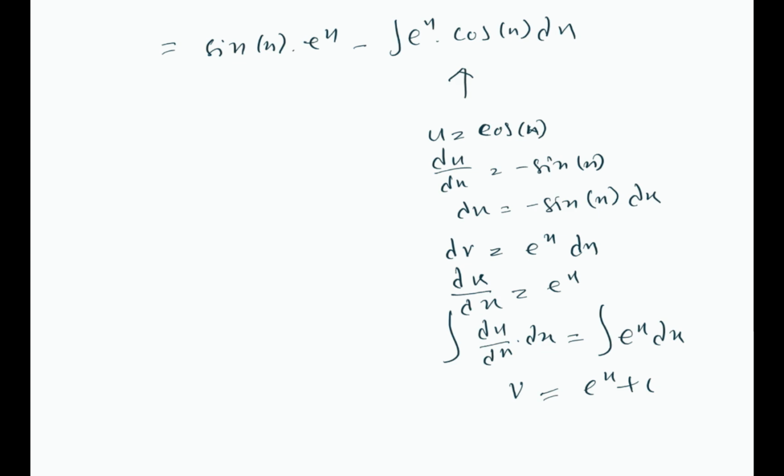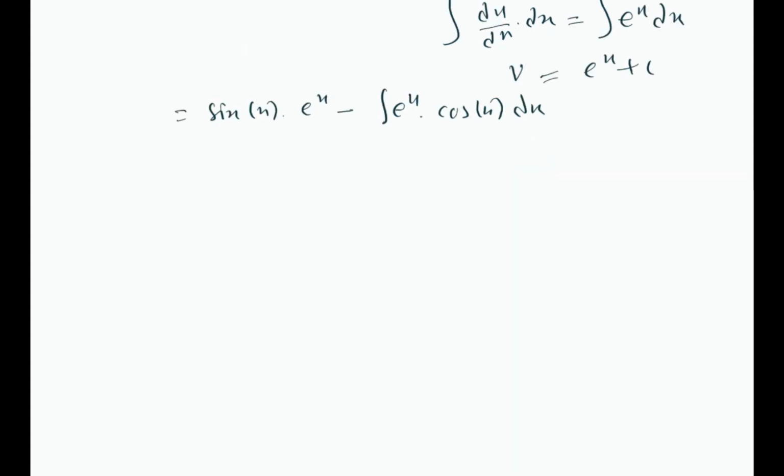So what we can do now, I have written this original integral again, so here we can start our working. I can write sine of x times e to the power x minus, here we need to apply integration by substitution again. So here we have u is equal to cos of x, right?